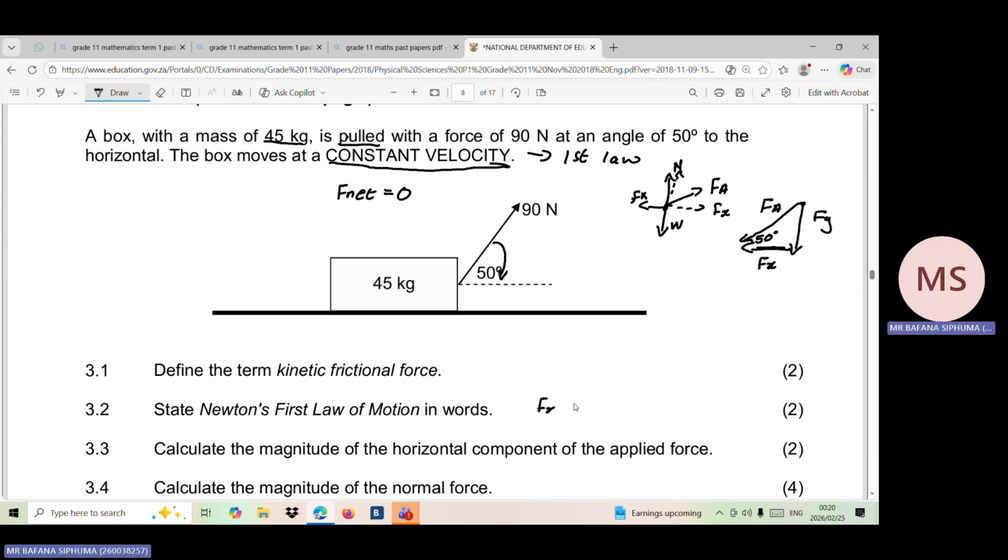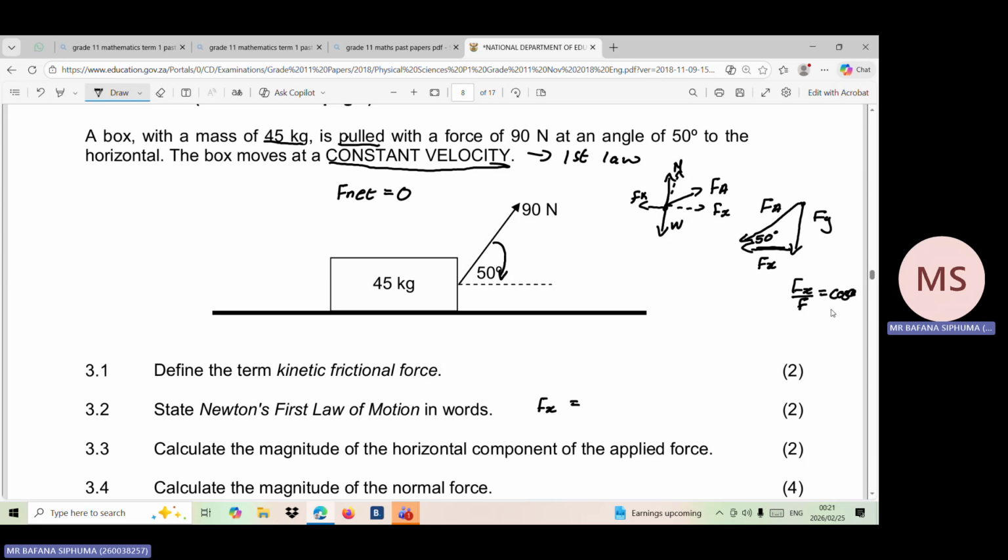So Fx is equal to the adjacent over the hypotenuse, which is cos theta.